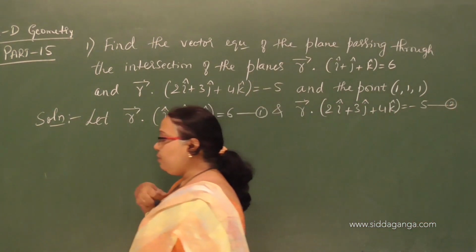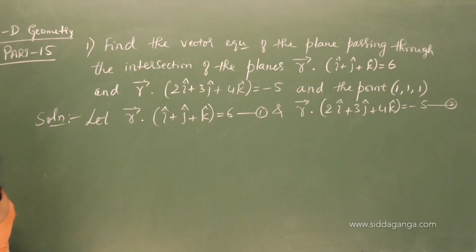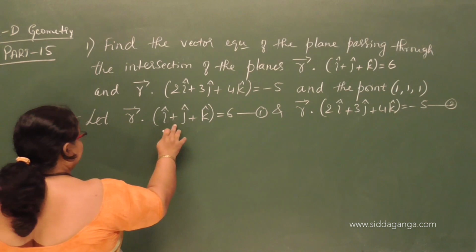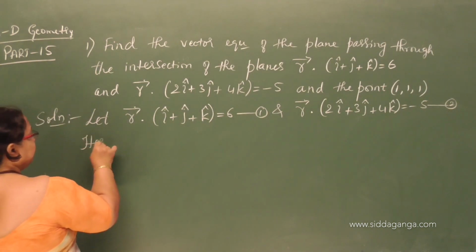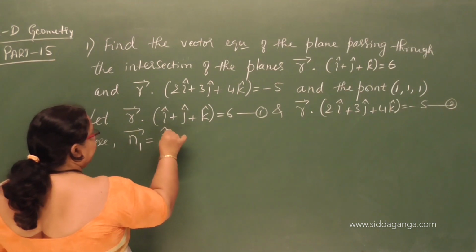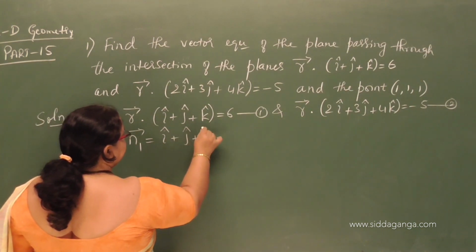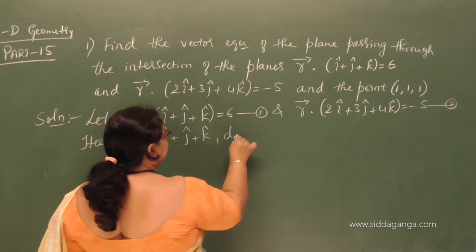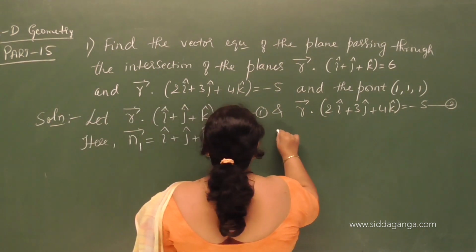For equation 1 and equation 2, write vector n1 and vector n2: n1 equals i cap plus j cap plus k cap, and d1 equals 6.